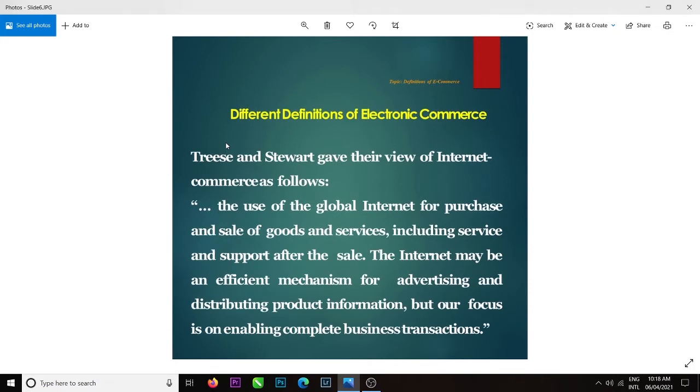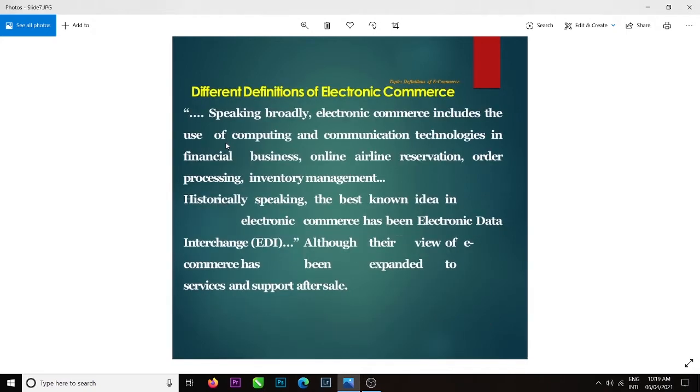In the first definition, we came across the purchase and sale of goods and services through the internet or a mechanism. This mechanism is useful for advertising, distributing products and information for all business transactions.